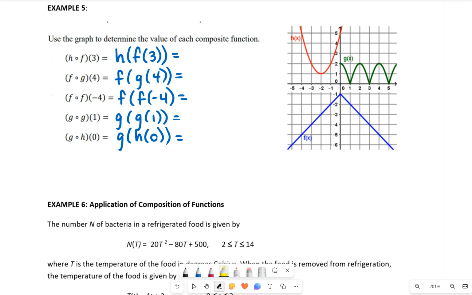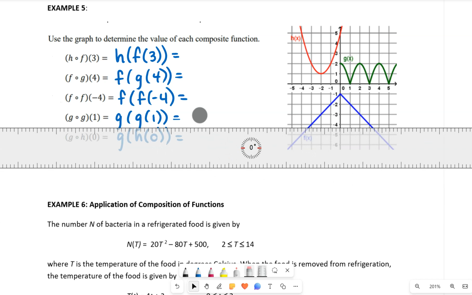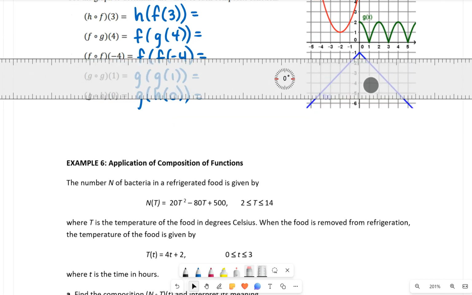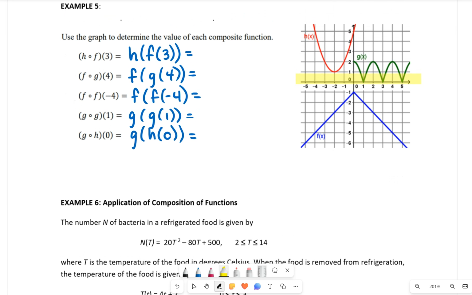Okay, so we are going to make sure you understand one thing here, and that is your x-axis is going to be the focal point of where you start every single problem. You must start with your x-axis.